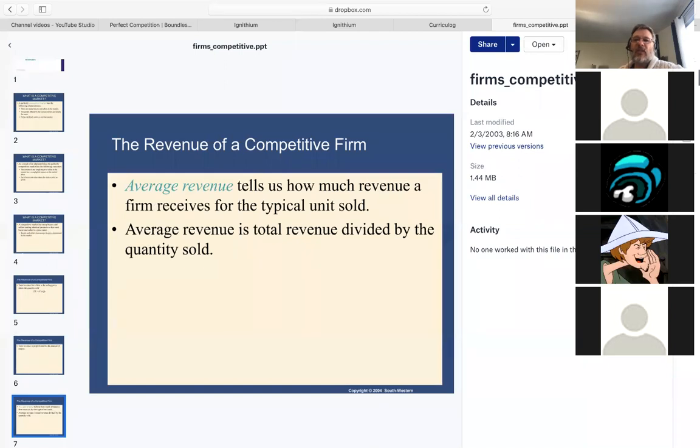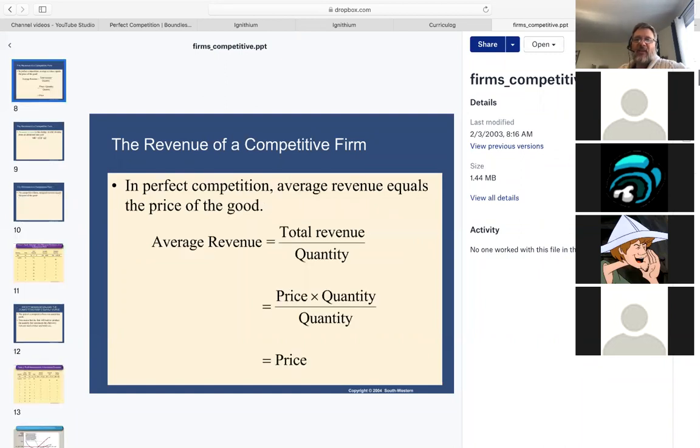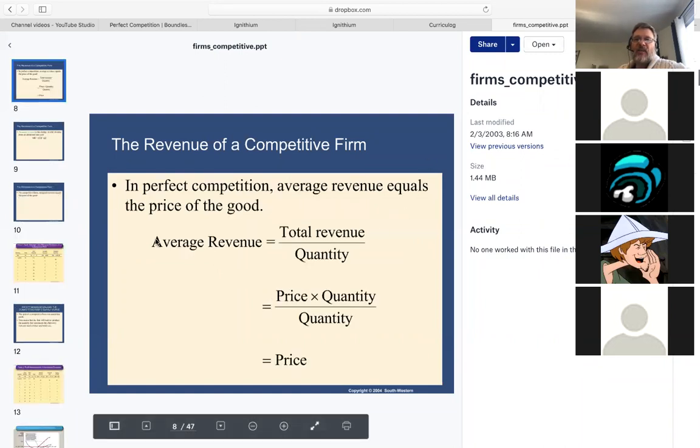Average revenue tells us how much revenue the firm receives for the typical unit that's sold. And so average revenue is simply total revenue divided by the quantity sold. So we can do a little bit of math here, and you can see that since price is fixed, total revenue is price times quantity divided by quantity, and price is fixed by the market.